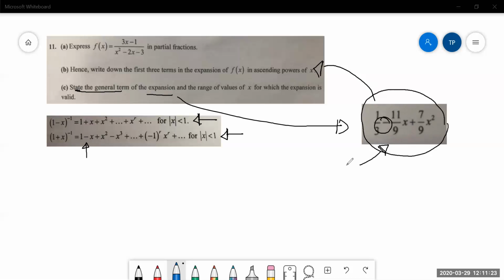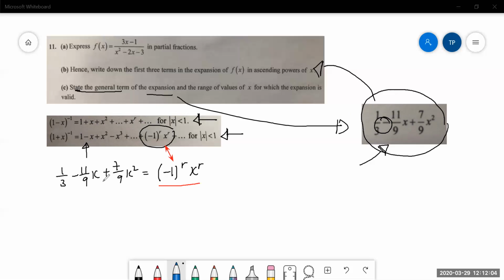So up front, we already know that this formula will have a minus 1 to the power of r, x to the power of r from here. Understand? This is just going to be part of the formula for this polynomial. It's going to be part of it only.